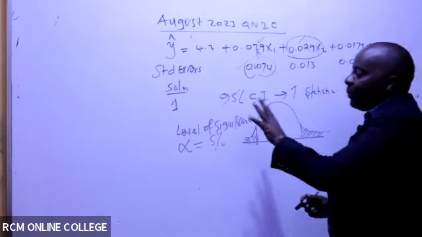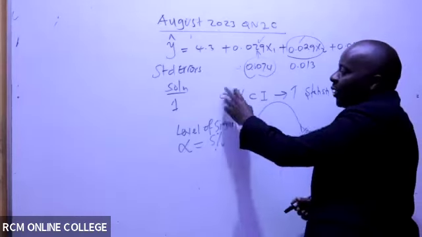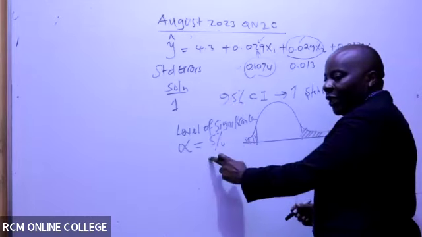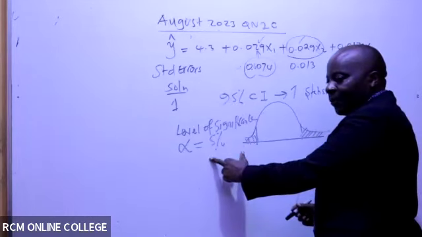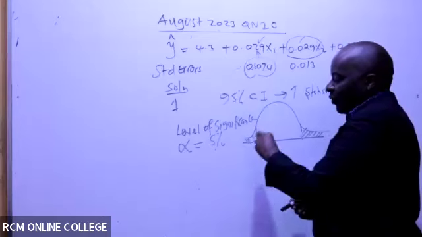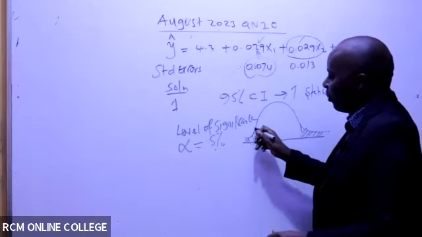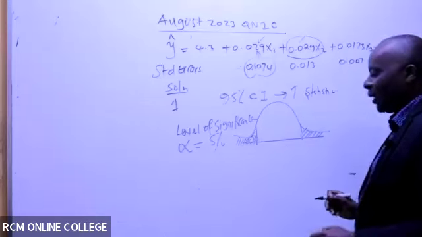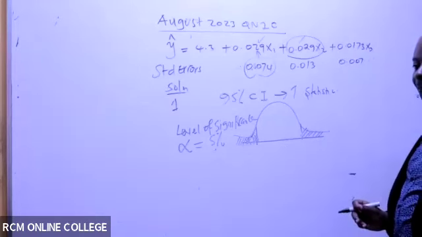Let me ask you a question. If the confidence interval was 90%, then the level of significance would have been what percentage? Yeah, 10, because they are complementary. You must be very, very careful with that.